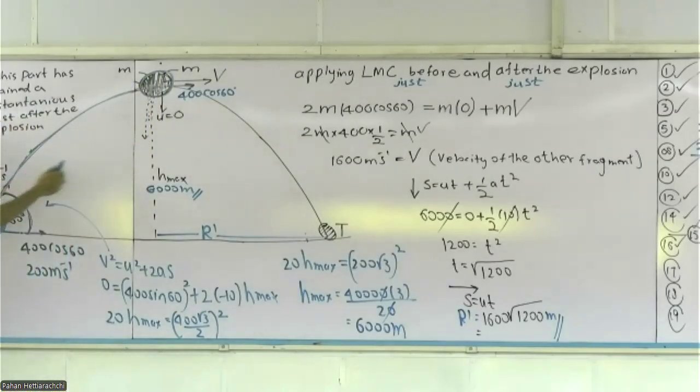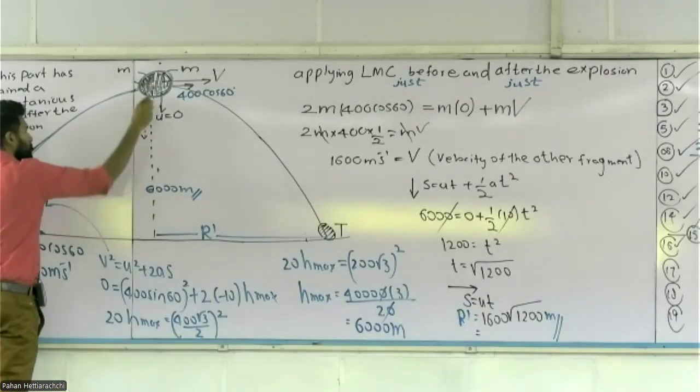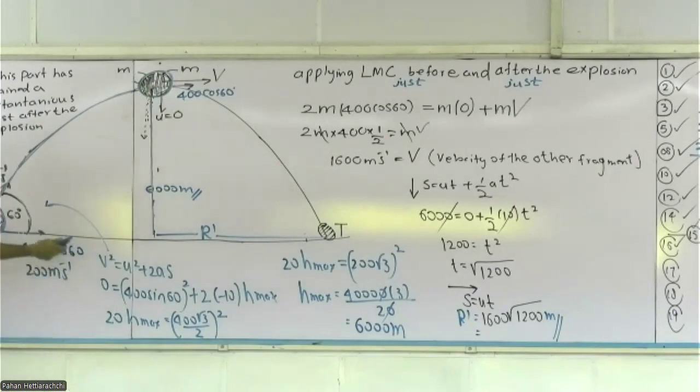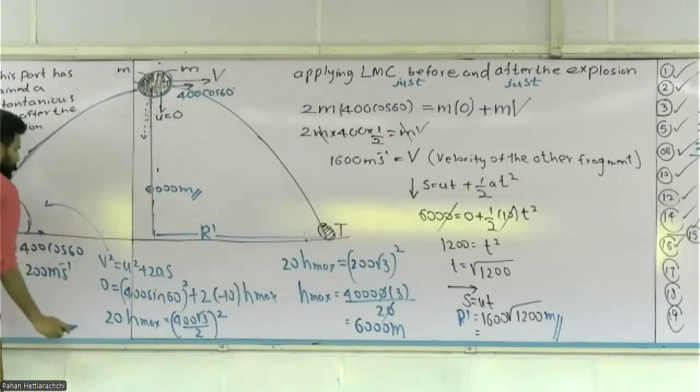What is the height that it will reach? This is the object with a velocity of 400 meters per second at an angle of 60. What will be the maximum height that it will reach? Applying v square equal to u square plus 2a upward, at the maximum height, upward velocity is 0.